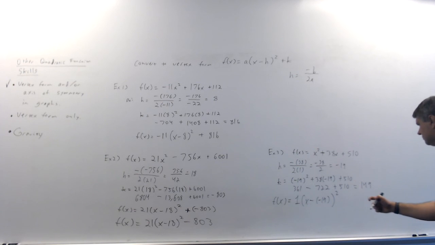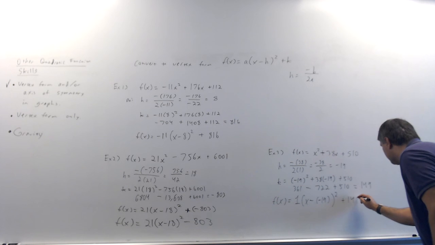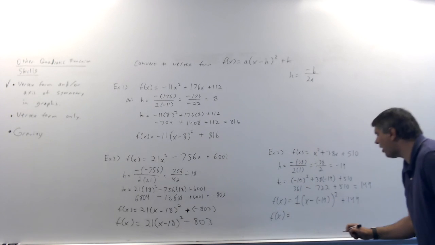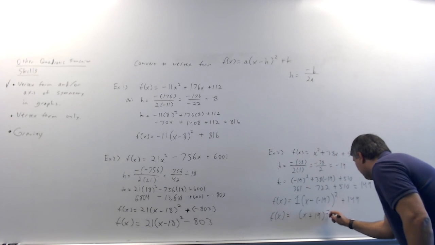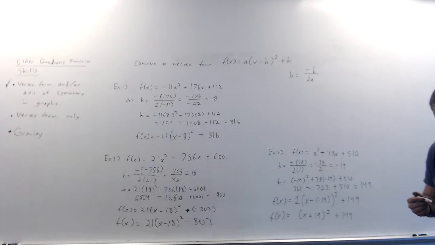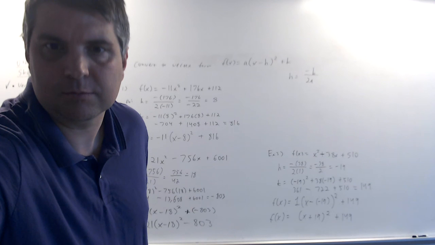All right? So f of x equals a is 1, times x minus h, so minus the negative 19 squared, plus the 149. It's customary to not bother to write the 1. So this will be x plus 19 squared plus 149.